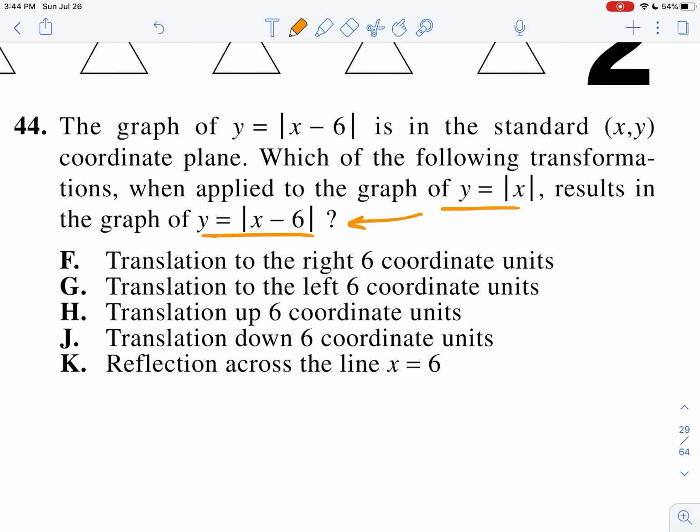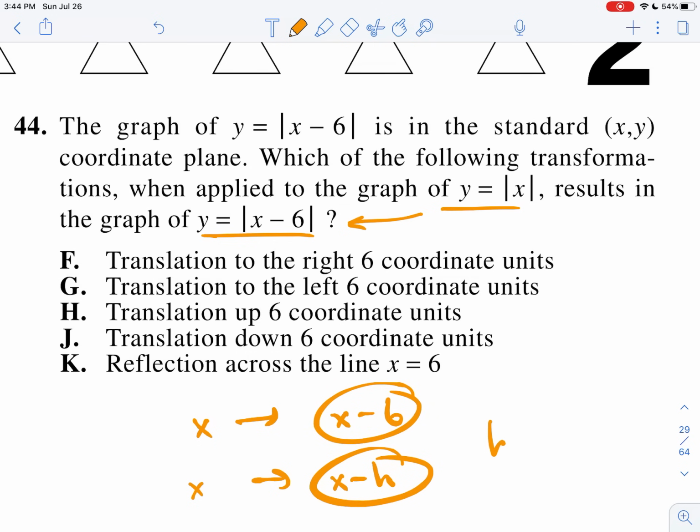Now, when you go from x to x minus 6, or you go from x to x minus h, this right here is a translation h units right. Okay, when you subtract something from x itself, you're going h or 6 units right.